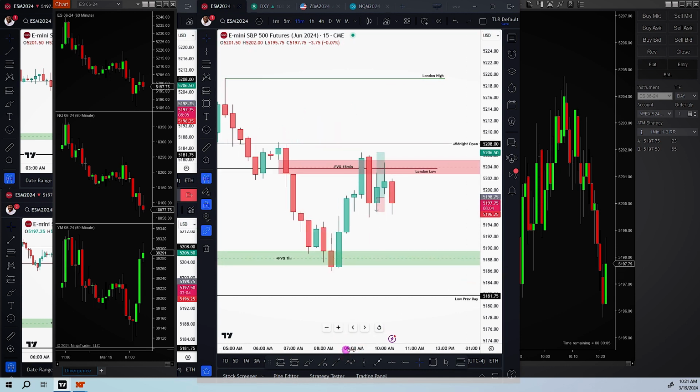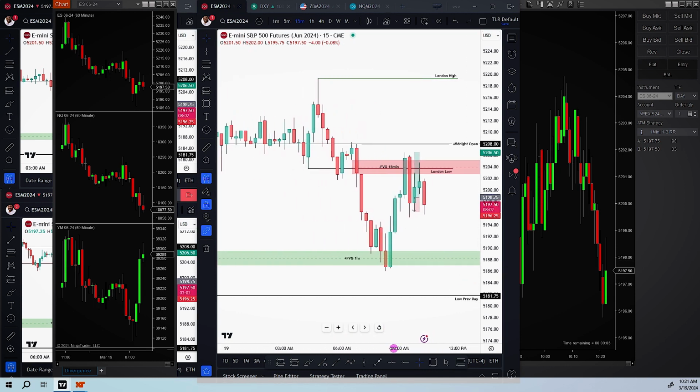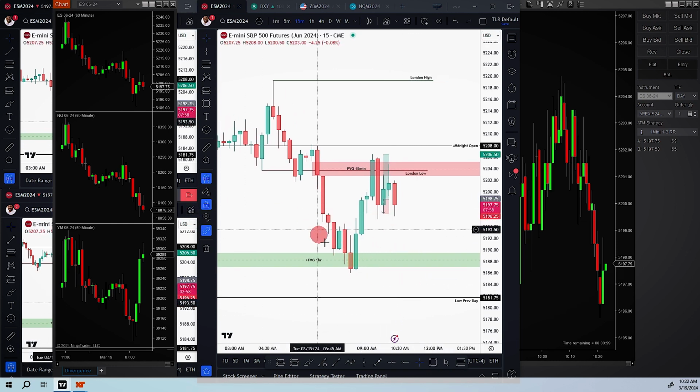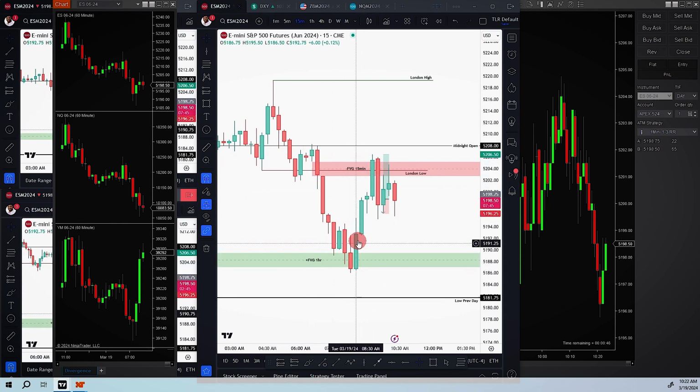What I was doing was basing it off of order block theory. And the reason why is because on this 15-minute, we consolidated here, came down to an hourly fair value gap, and then started pushing back up.